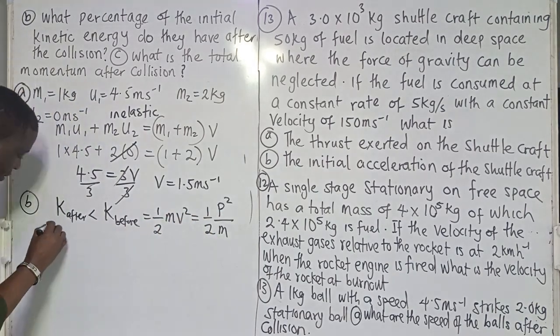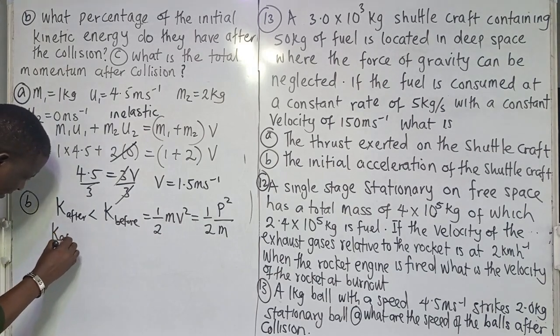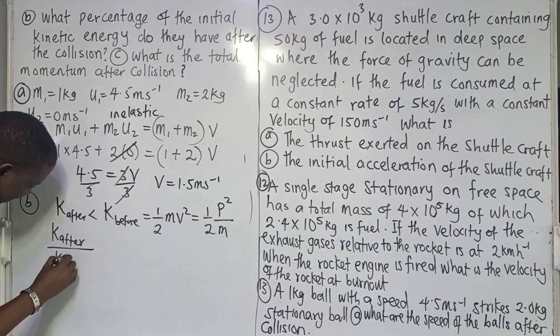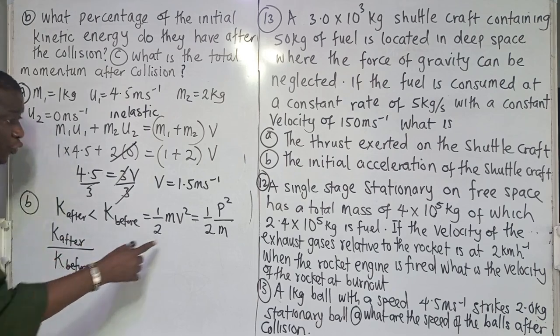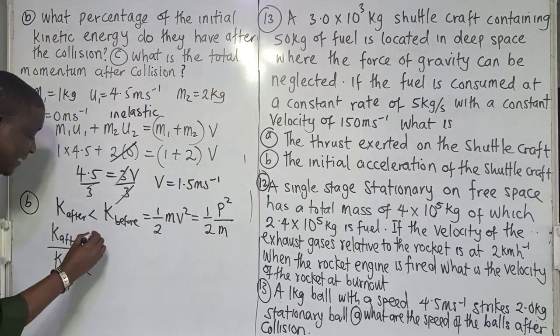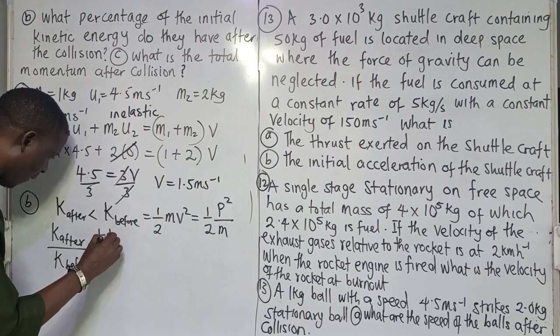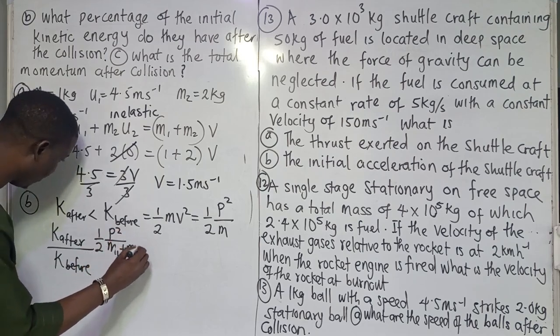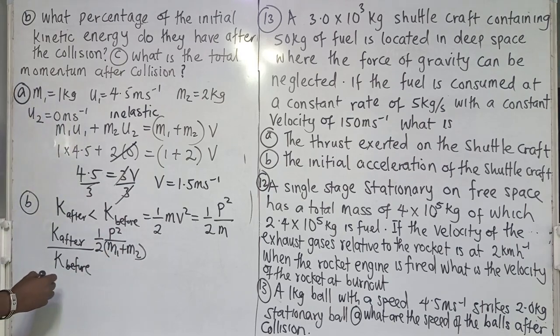So if you divide the kinetic energy after by the kinetic energy before, using this formula, don't forget the kinetic energy after is half P square over M1 plus M2, because they will coalesce after collision.